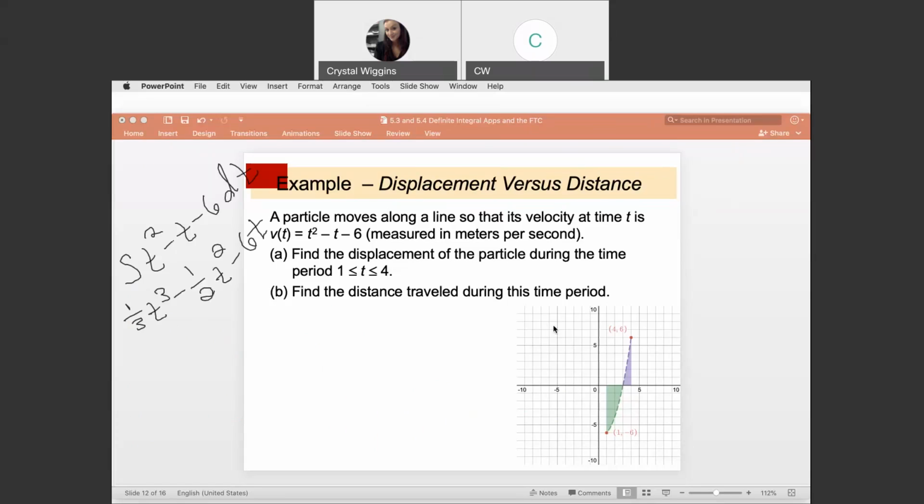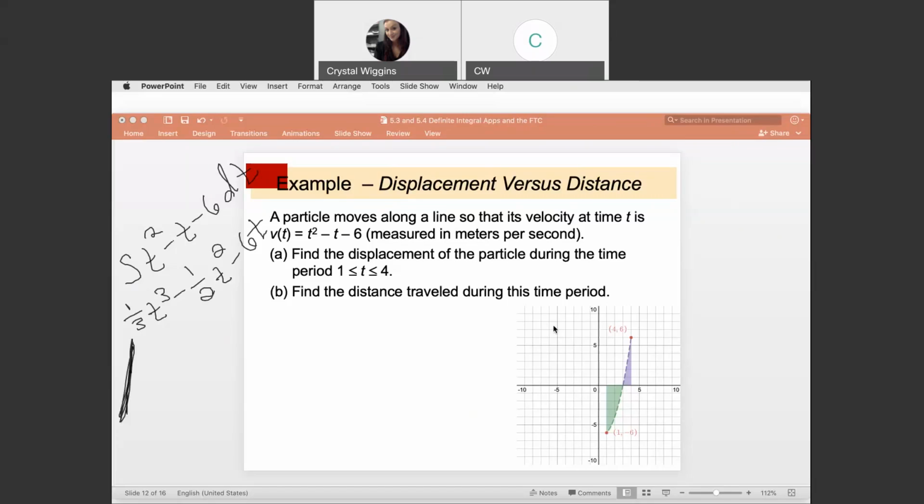We don't need the plus c because we have specific parameters, so the plus c is only given if we do not have upper and lower limits on the integral itself. So we need to evaluate this now in absolute values from 1 to 3, and then without absolute values from 3 to 4. So let's do the absolute value, and we're going to put in 3 first.